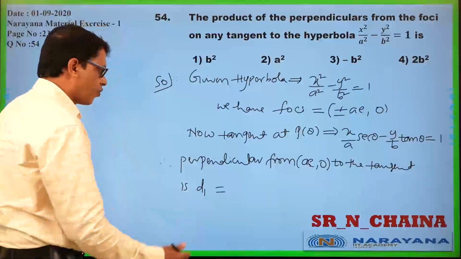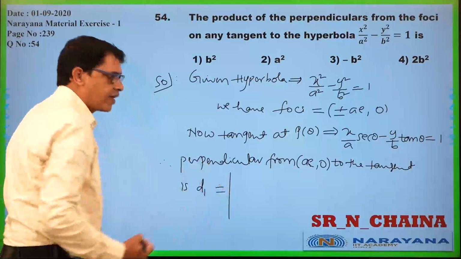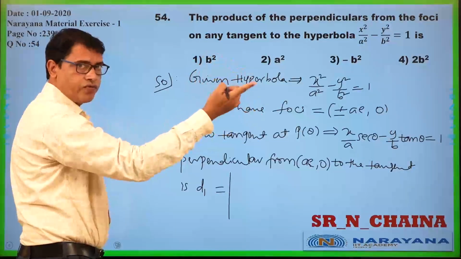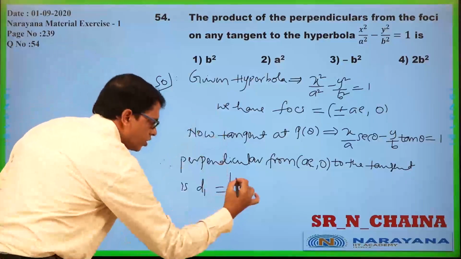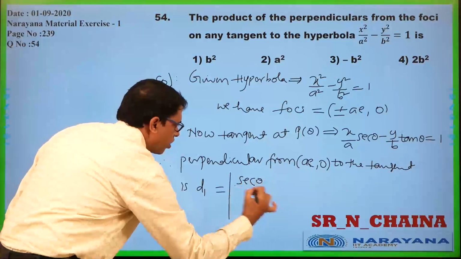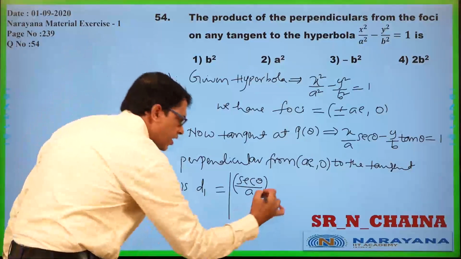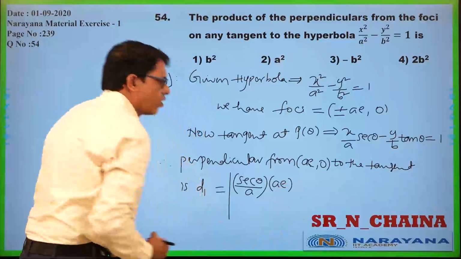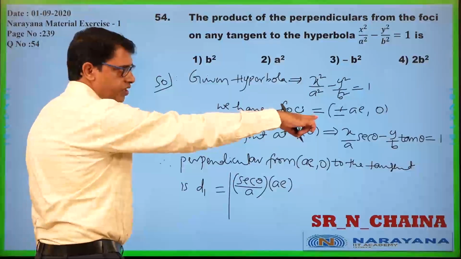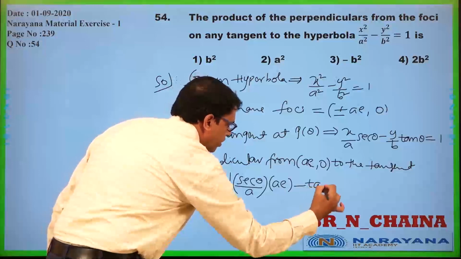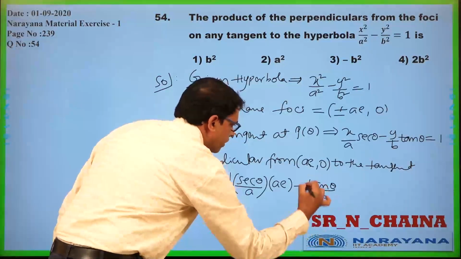So applying in the formula, mod of AX1, where A means the X coefficient of the tangent: secant theta upon a into X1. What is X1? AE. Plus BY1. What is B? Minus tan theta upon b into Y1.